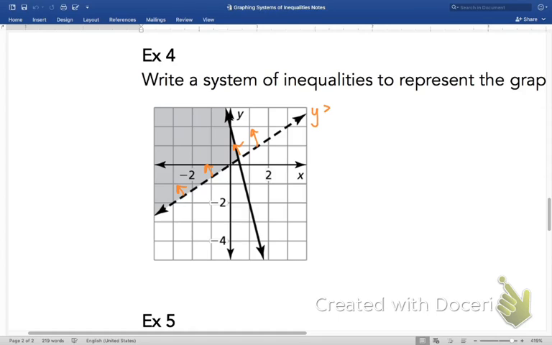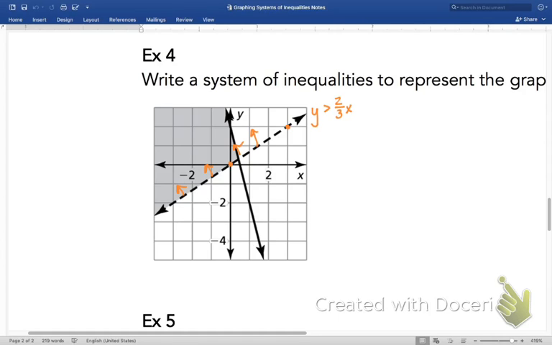Why is it not equal to? Because it's a dashed line. Okay? What's the slope of my line? So it crosses here and then there. So 2/3. 2/3 x. Does it have a y-intercept? No, it's just 0. You can put 0. That's up to you.